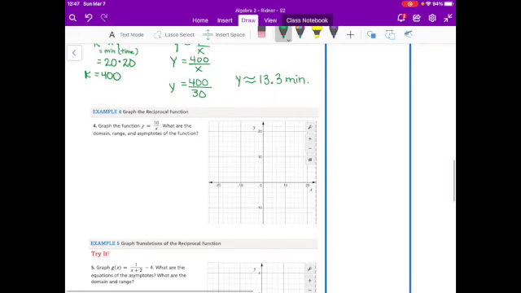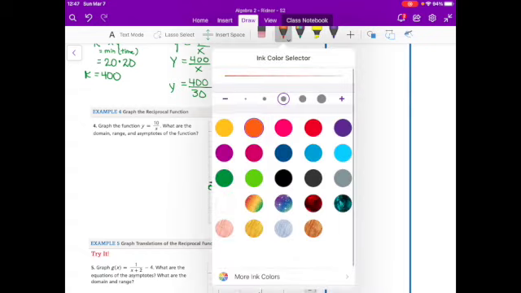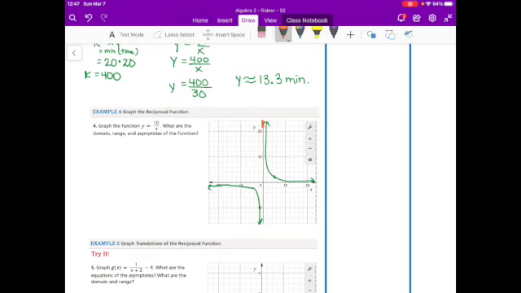So notice when I draw these lines, I do not let them cross the X or the Y axis, because the X and Y axis are these things called asymptotes.